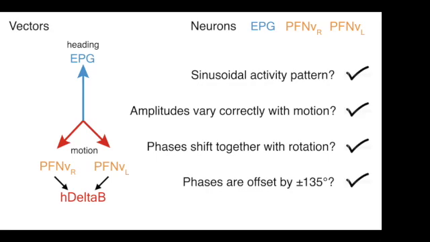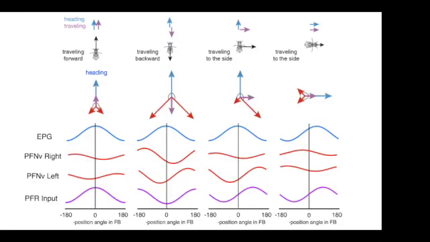Basically, they're all coupled to the compass, and the compass is coupled to the external world. And finally, they have the phase offset to do the vector addition and get the right answer. So here's a kind of a complete model description of the whole system.